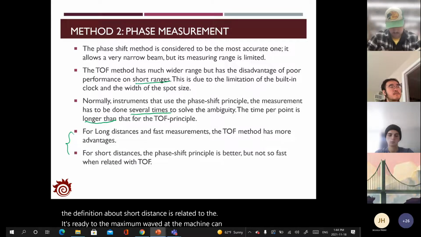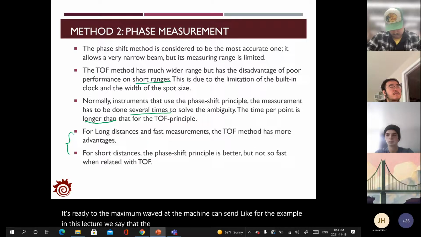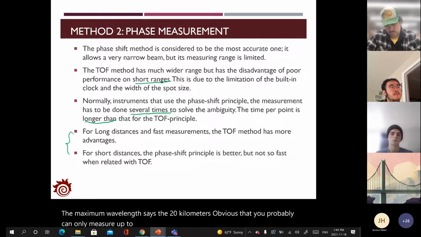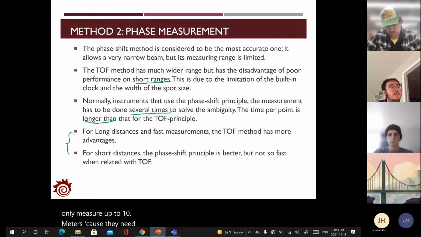The definition of short distance is related to the maximum wavelength that the machine can send. Like in the example in this lecture, we say the maximum wavelength is 20 kilometers. With that, you can probably only measure up to 10 kilometers, because you need to consider the trip there and back.